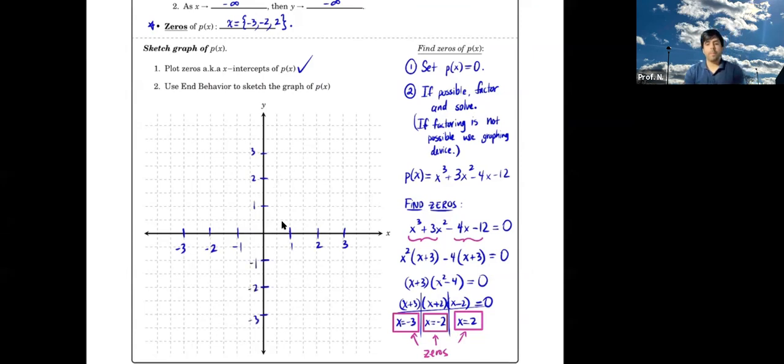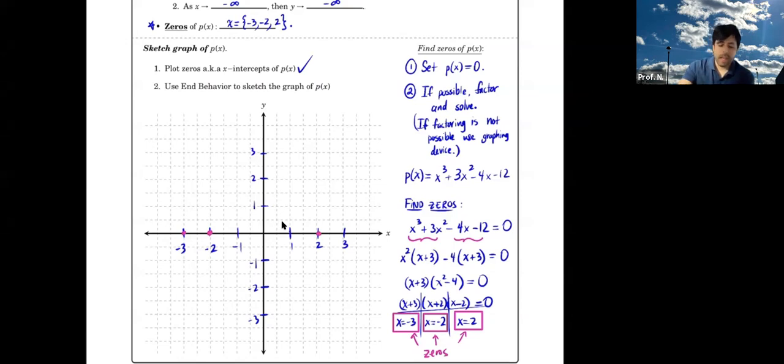Okay. So remember, the zeros are also considered the x-intercepts. So the x-intercepts are going to be where? At negative 3. Where else? Negative 2. And where else? At 2. Those are my x-intercepts. I know them for a fact.